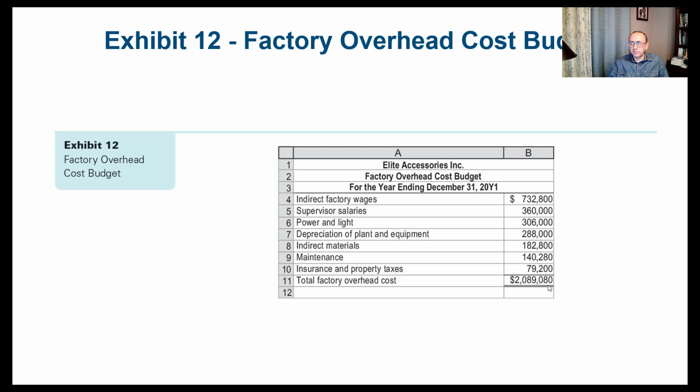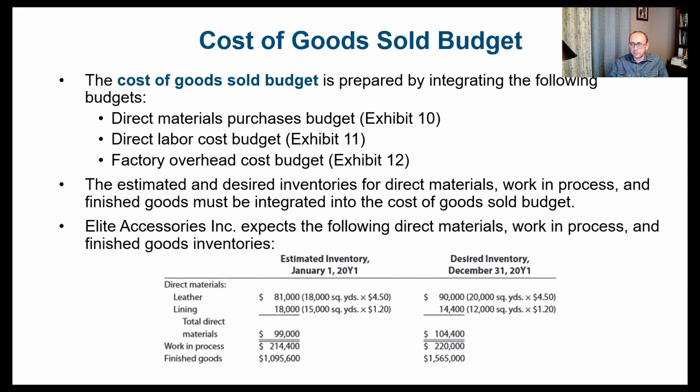Once we're done with the factory overhead cost budget, we are ready to calculate and present our cost of goods sold budget. The cost of goods sold budget is prepared by integrating the three things that we just prepared: the direct material purchase budget from Exhibit 10, the direct labor cost budget from Exhibit 11, and the factory overhead cost budget, which is the previous table, Exhibit 12.